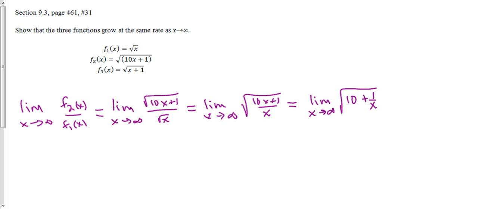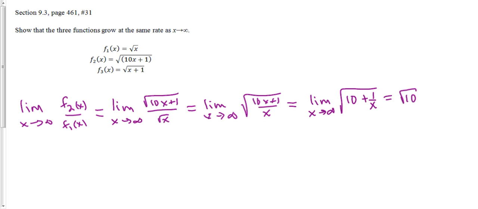And then when I substitute in infinity for this limit, I'm going to get the square root of 10 plus 1 over infinity, or the square root of 10 plus 0, which is just going to give me the square root of 10. And that is a non-zero constant, and that tells me that f1 and f2 are going to grow at the same rate.